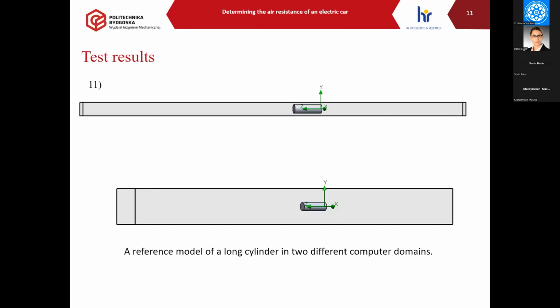In the picture above, you can see the reference cylinder model in 2 different wind tunnel models. The first is the previous one, the same as our computer domain for the shell tests, and the second has a 3 times larger cross-sectional area.